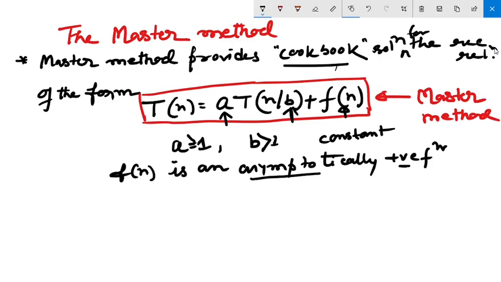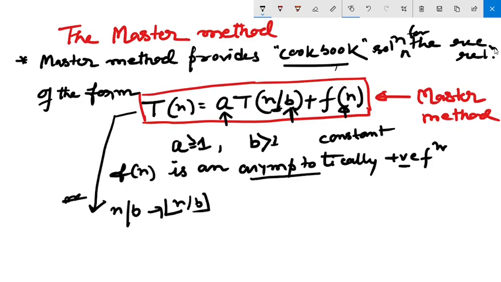So finally I am representing the master method in terms of T(n). Where you interpret n/b, this n/b can be equal to either floor of n/b or ceiling of n/b.